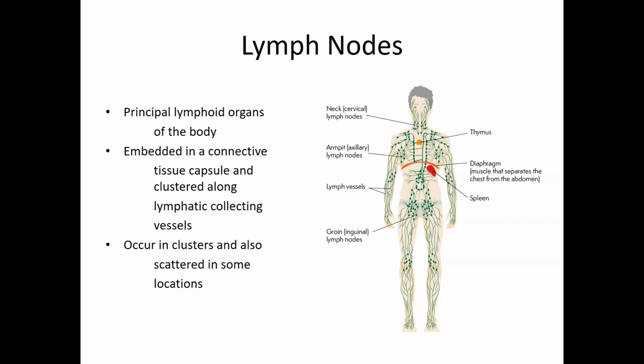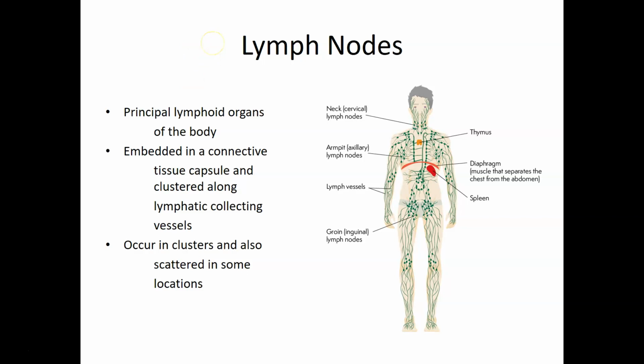Lymph nodes occur along the pathways of the lymphatic collecting vessels, and those vessels are going to feed lymph into the interior of the lymph node, and it's going to exit also. All right, so lymph is passing through these lymph nodes.